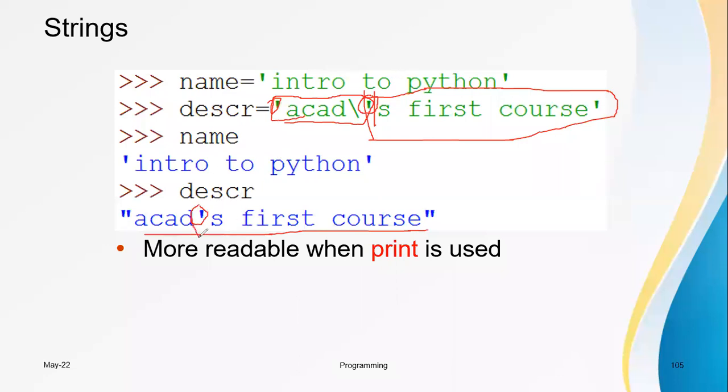I want to escape. So when I put a slash, my compiler will jump over it. It will not consider it. It's almost like I'm hiding this single quote.